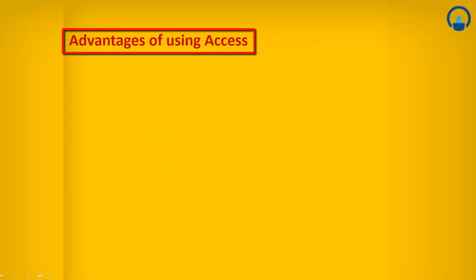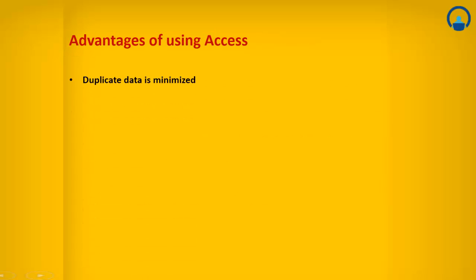Now, what are the advantages of using Access? First of all, the duplicate data is minimized. The information is more accurate, reliable, efficient, and consistent. And this is because of the earlier point, that the duplicate is minimized. In other words, if you have one customer with multiple orders that they have placed, you do not have the same customer multiple times in the database.